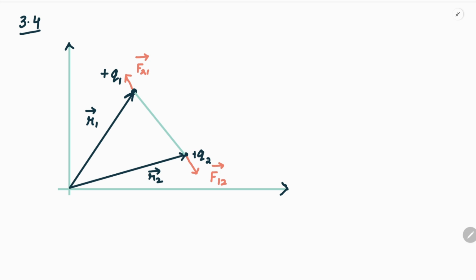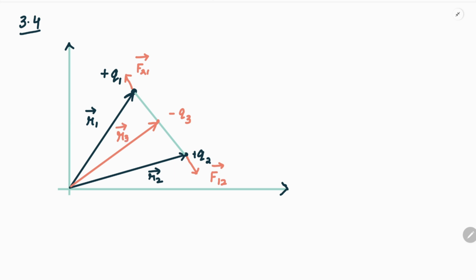These two are equal and opposite in nature. So the third charge which we are discussing must be placed somewhere here, which we are calling as minus q3, and this charge must be placed at a position vector r3, where we can say that r3 vector is somewhat like this.